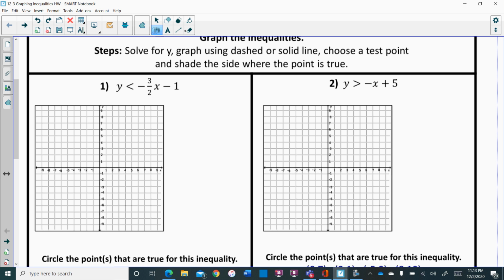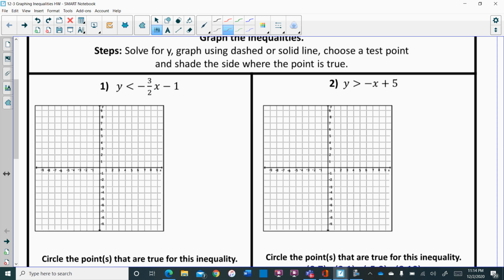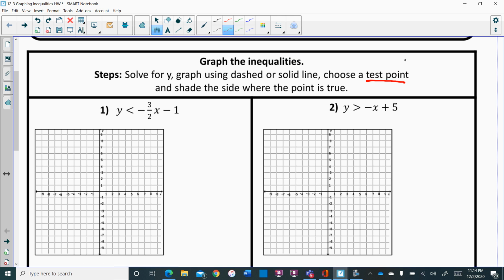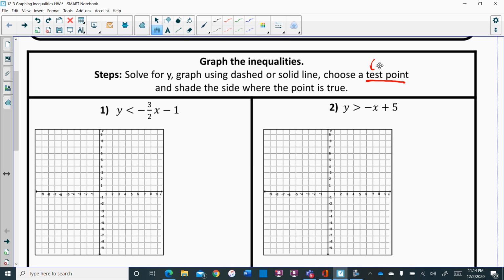Now I know on here it says consider a test point. A test point is just a point to test if it's in the shaded region in the solution set. The most common test point is 0, 0. You can use that point to test an inequality even if you didn't graph it. And then you're going to shade the side where the point is true.